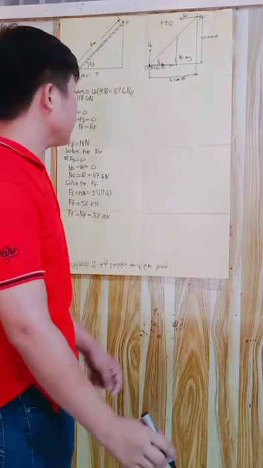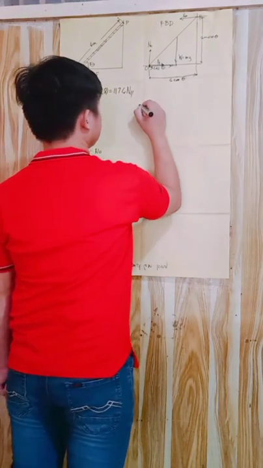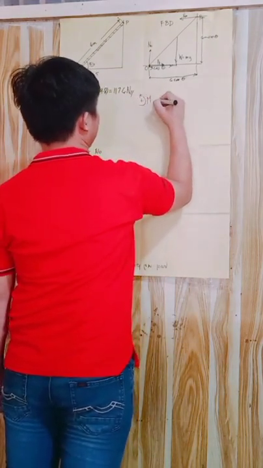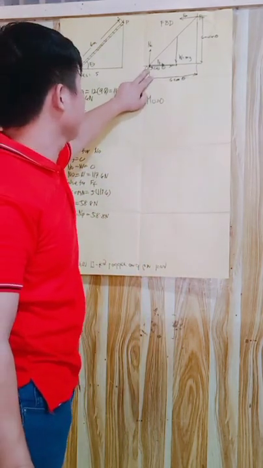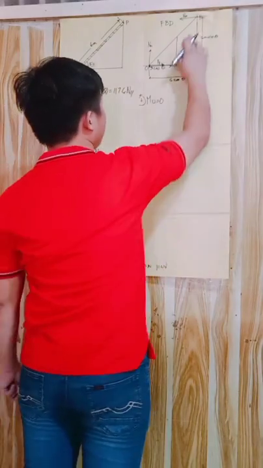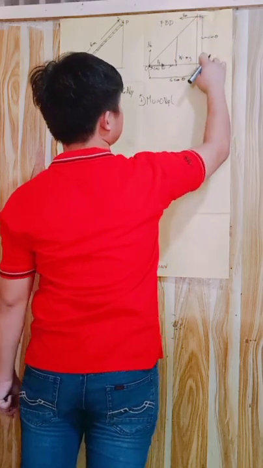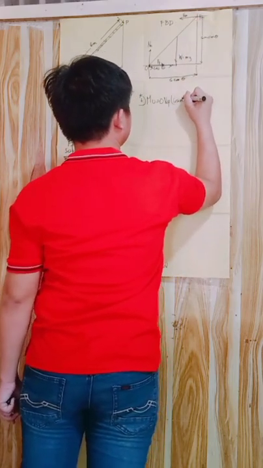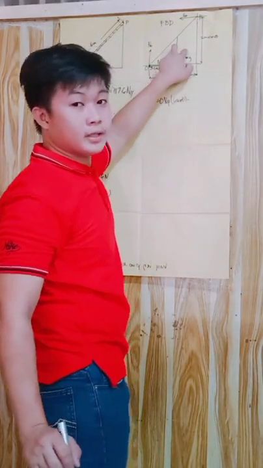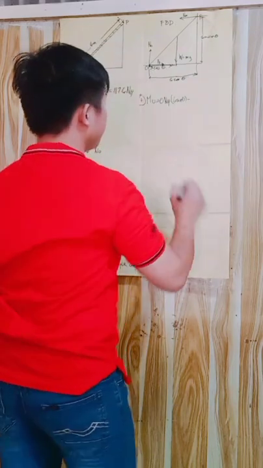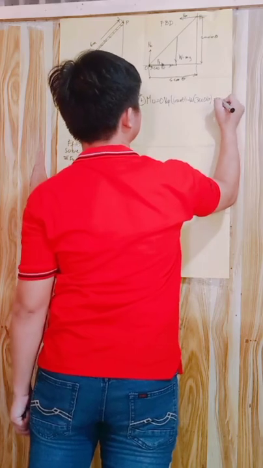To solve for the angle of inclination, we will need to use the summation of moments. Summation of moments at O is equal to 0, because it is easier to find the moments at point O. So, N sub P times the distance, which is 6 sine theta, minus, because the W is going downwards, it will go clockwise, so it is negative, W times 3 cosine theta equals 0.